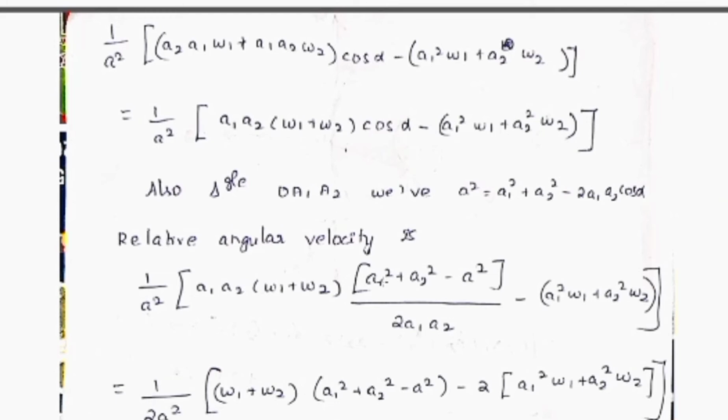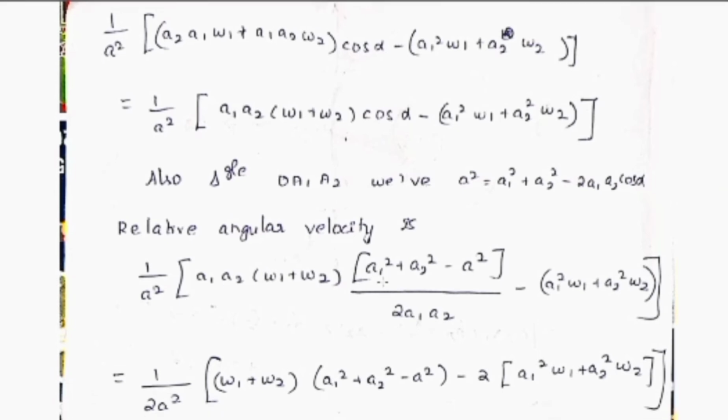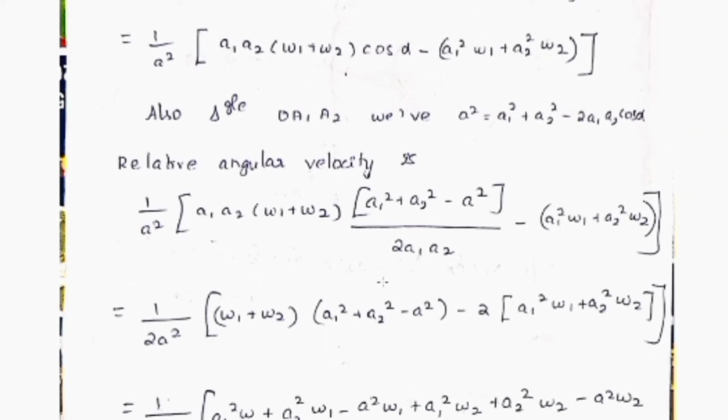Then you have to simplify. Cancel the common terms a1 a2 and keep the remaining terms. Take 2 as LCM: 1 divided by 2a² times (ω1 plus ω2)(a1² plus a2² minus a²) minus 2 times (a1² ω1 plus a2² ω2).